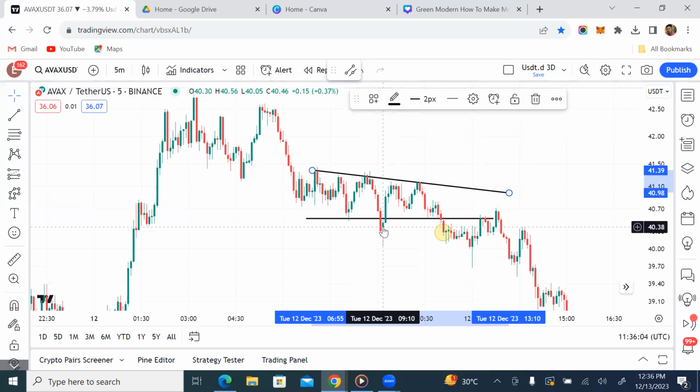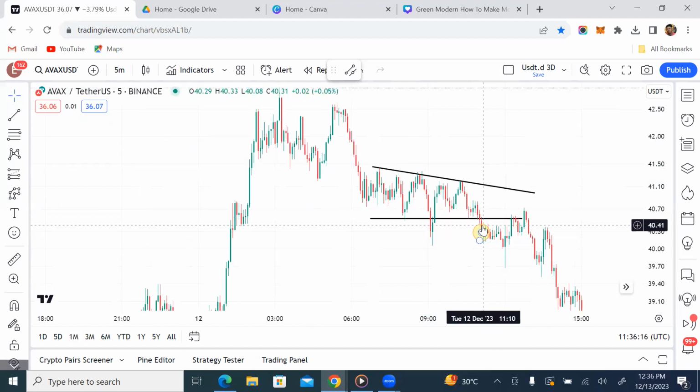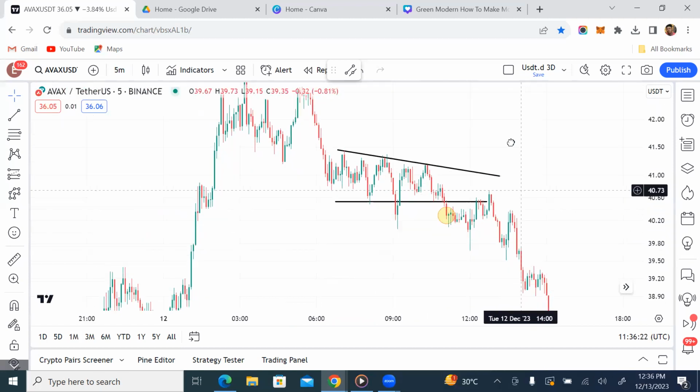After this liquidity was swept, we could not break structure. Instead, we were making continuous lows from the resistance. You can see the resistance is slanty. And apparently price broke out of here, retested it, and then fell off.